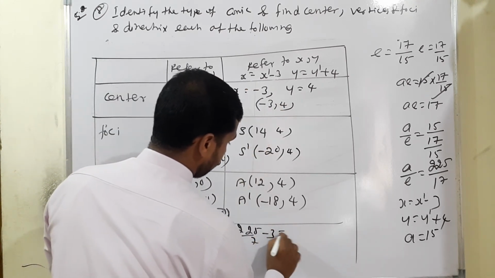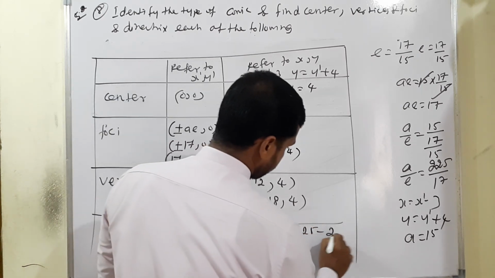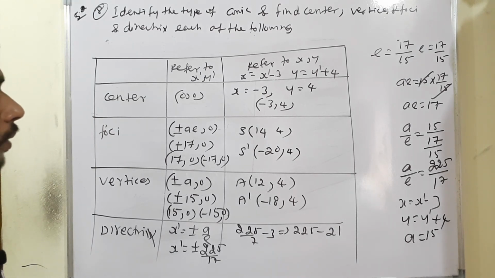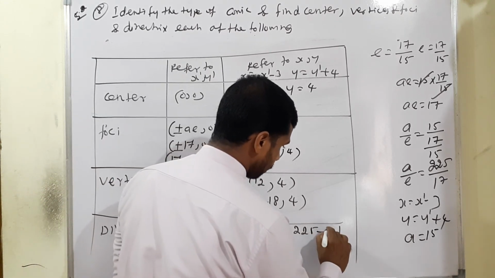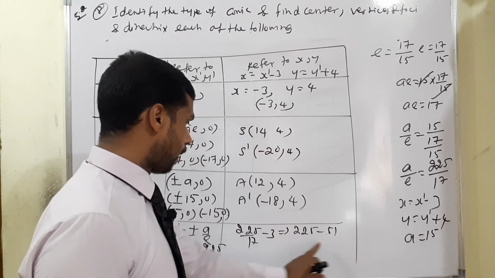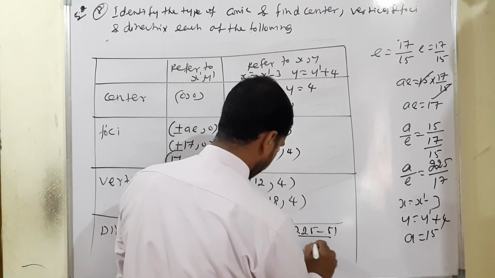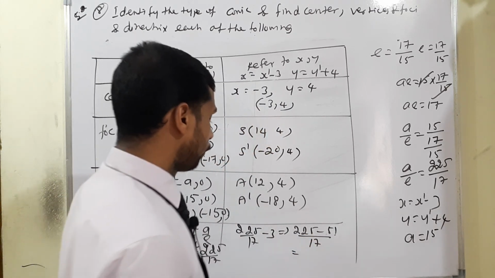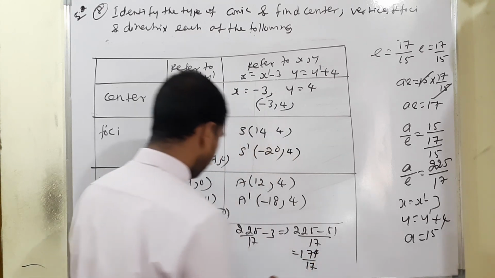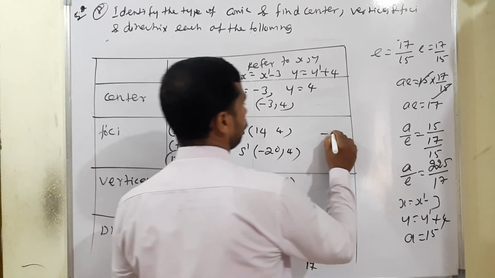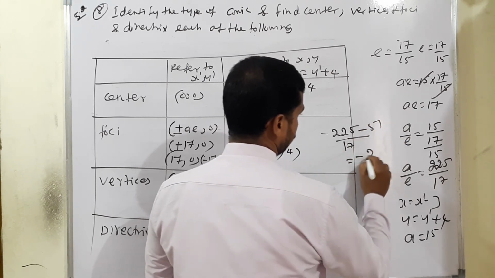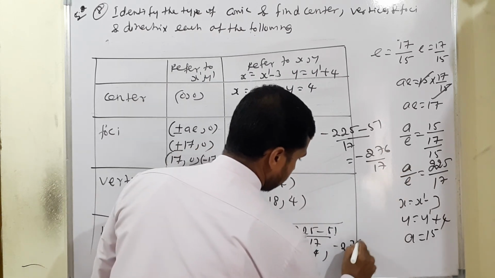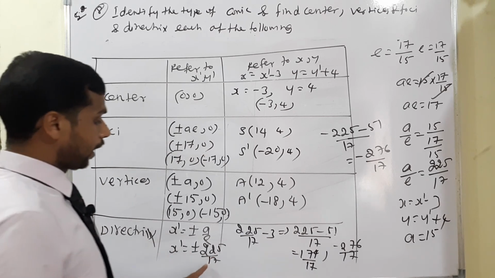Here 3 times 17 is 51, so we get 225 minus 51 divided by 17, which is 174 by 17. When x dash is equal to negative 225 by 17, x is negative 225 by 17 minus 51 by 17, which is negative 276 divided by 17.